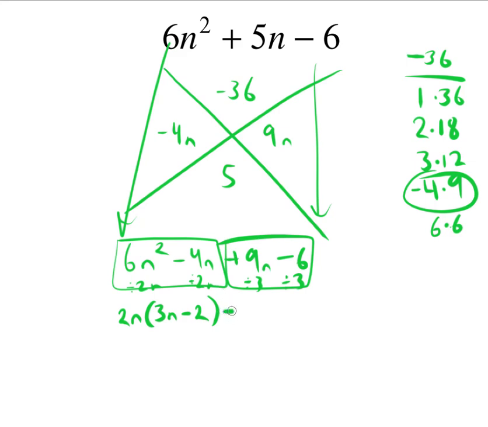And so I'm going to pull out my positive 3 times 3n minus 2. And then the nice thing is, because these 3n minus 2s are the same, they're going to become one factor, and the outsides are going to become the other factor. So 2n plus 3 times 3n minus 2.